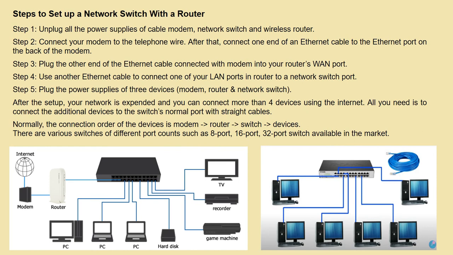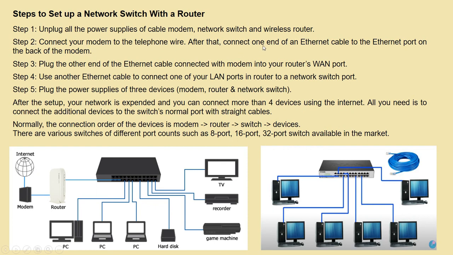Now the manual steps. Before setup you have to follow these steps. Step 1: unplug the power supplies of your devices, that is your modem, network switch and wireless router. Then connect your modem to the telephone wire.